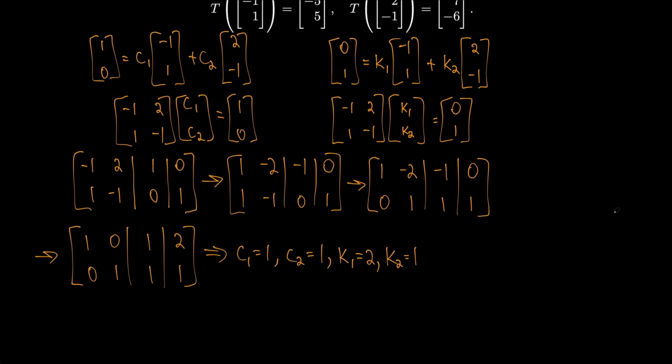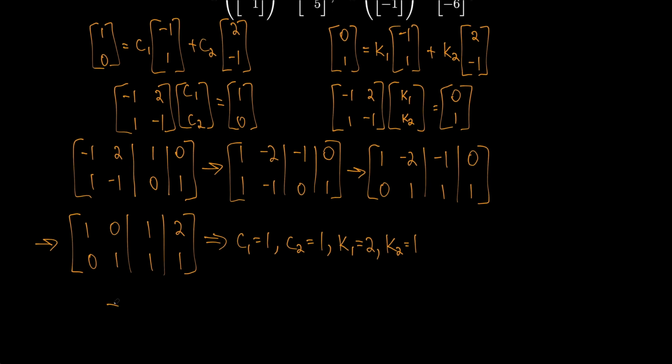Okay, so that means that the transformation applied to the vector 1, 0 is the transformation applied to minus 1, 1 plus the transformation applied to the vector 2, minus 1.